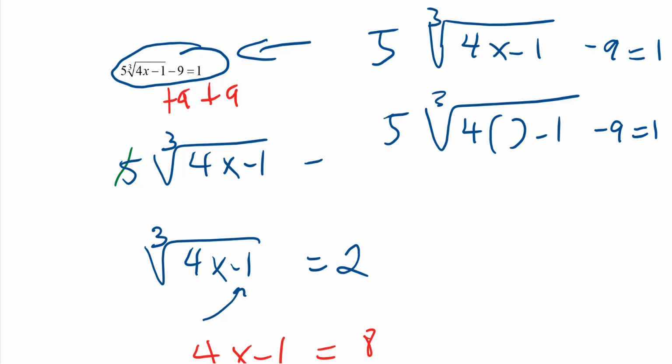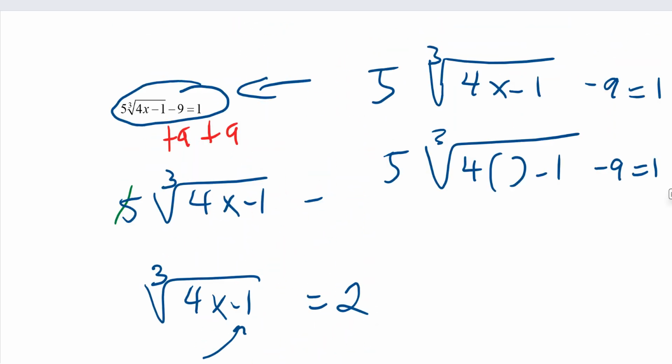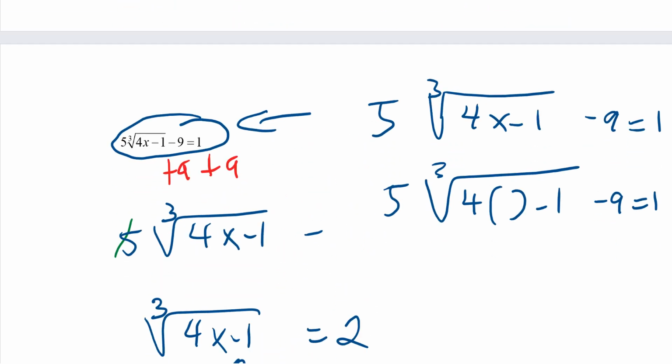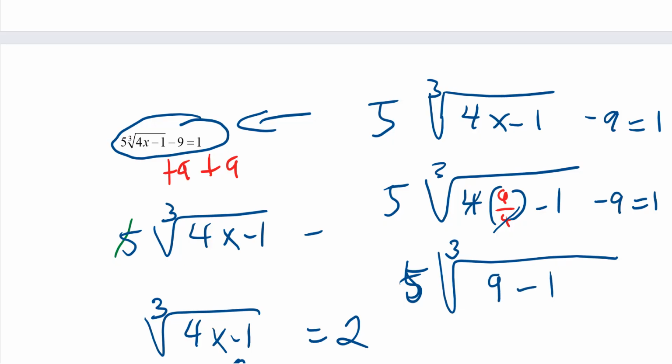Let me scroll down and find our answer, which was 9/4. So we're going to put our 9/4 in there for x, and then we'll simplify. So we have a 5 on the outside. We have the cube root of, the 4's cancel, so we have 9 minus 1. We still have the minus 9 equals 1.